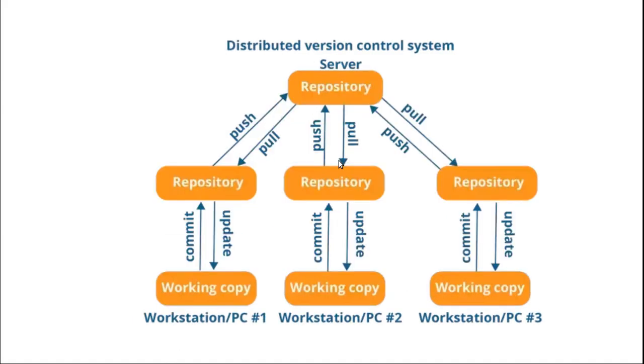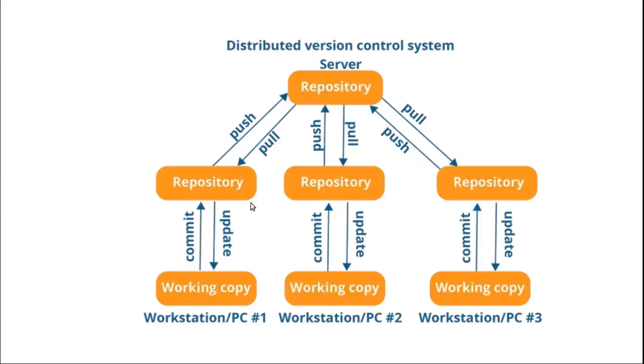In a distributed version control system, every user has their own local repository like this. Whenever they want to work on their project, they make a working copy out of it in which they make any kind of changes, editing the files, and then they commit those changes back to their local repository.